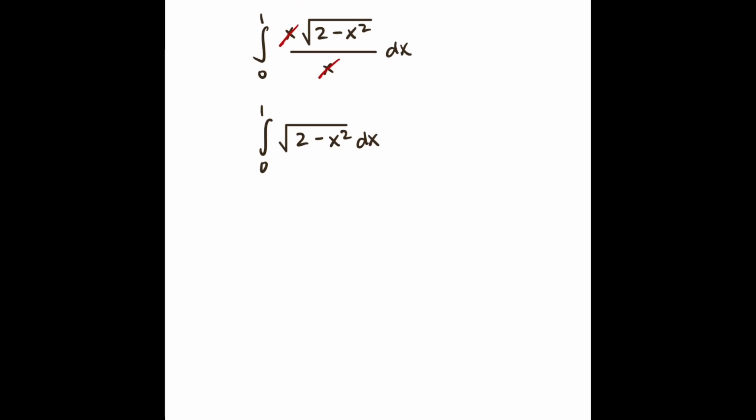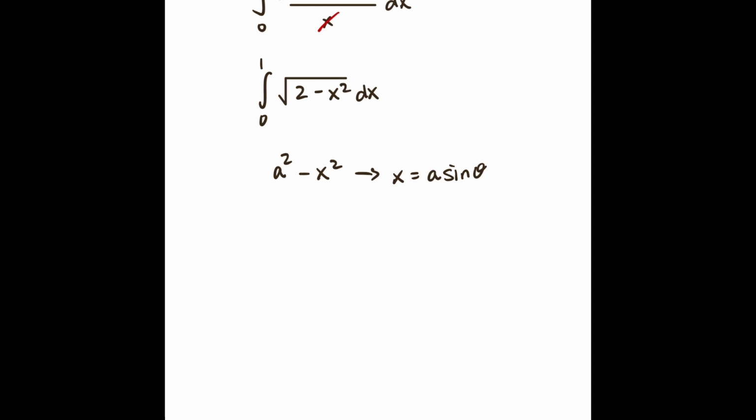If we see an equation of the form a squared minus x squared, then we know the substitution we can make is x equals a sine theta. So that's what we'll do. 2 is equal to a squared, which means that a is equal to the square root of 2.